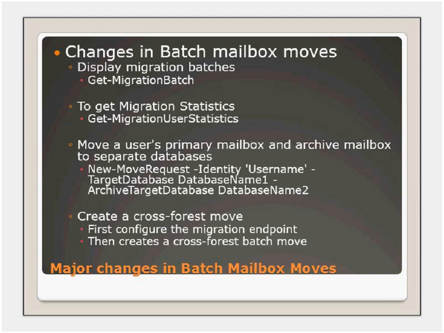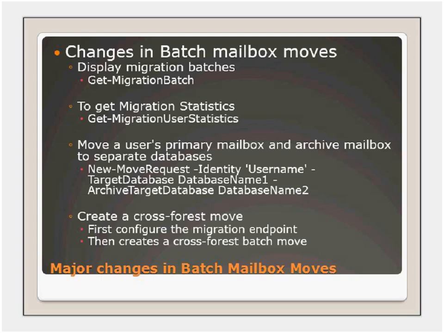The other thing is, suppose you want to get the details about what migration is going on. That command is get-migrationbatch, and you have to input the batch name, and then you get the details. That's if you want the details of one.